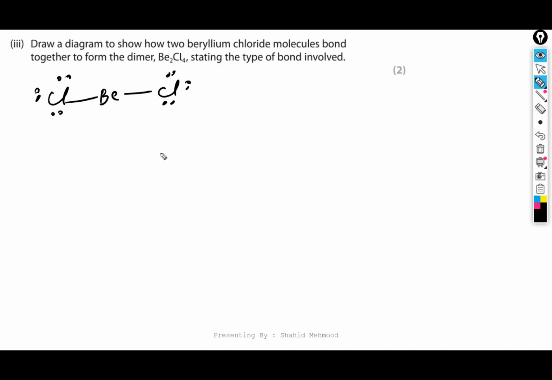So if we draw another beryllium chloride, because we are joining 2 now, in the other beryllium chloride also the chlorine octet is complete while beryllium is electron deficient. So if this electron pair is given to this one, this is just working out. To draw its exact shape, we can draw the shape now in this way.